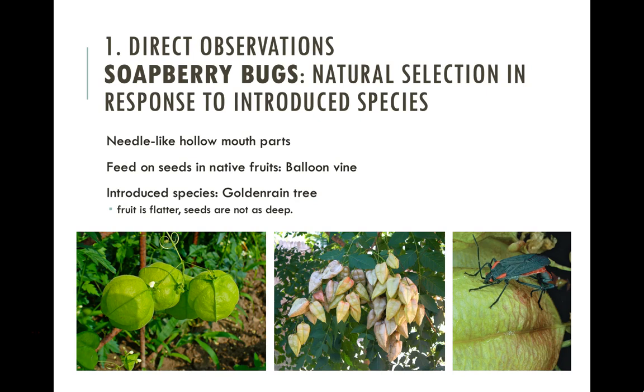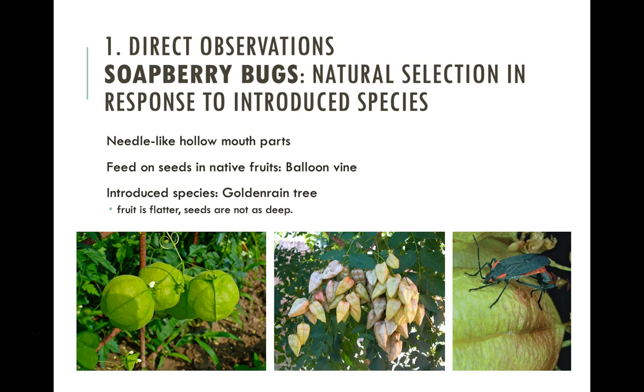They stick their beak-like mouth part down into the fruits that they eat. They feed on the seeds of a plant called the balloon vine. You can see exactly why they call it the balloon vine. This is a large round fruit, and way deep inside in the center are seeds that the soapberry bugs are trying to get to.